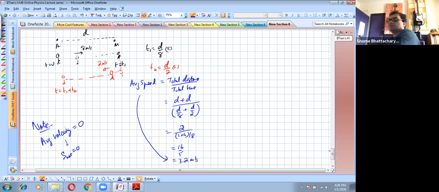So again, this is one of the fairly easy questions, provided you have read the question correctly and not made a mistake between average velocity and average speed. Sometimes in an exam situation, if you are in a hurry, you might confuse the two things and make a mistake like that. But if the interpretation of the question is correct, then I don't think this should be a very difficult problem.